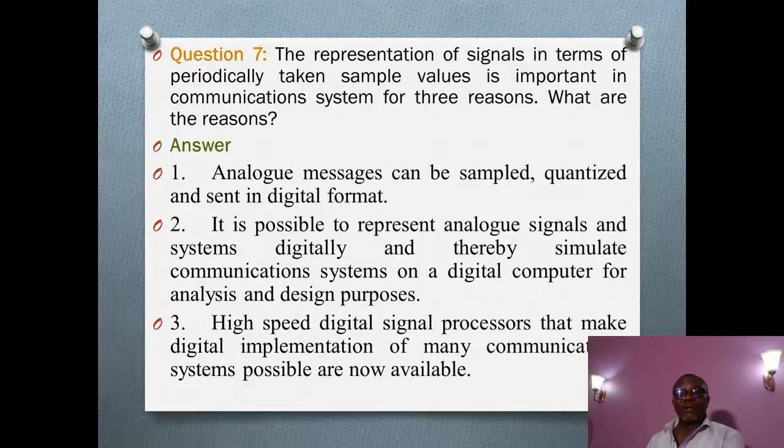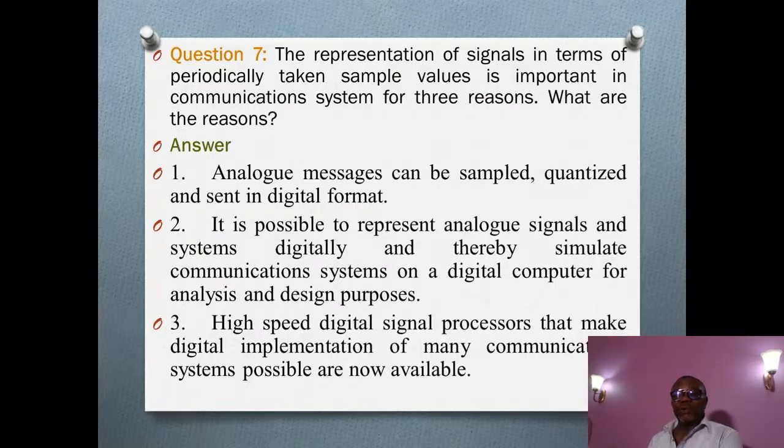You have your analog signal, you sample it, you take samples at different points. As we go on, we will see the conditions governing the points at which you take these samples, which we call the Nyquist sampling rate.